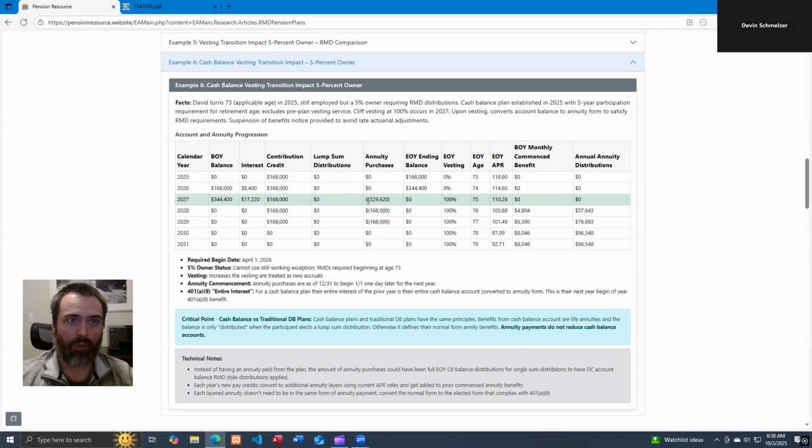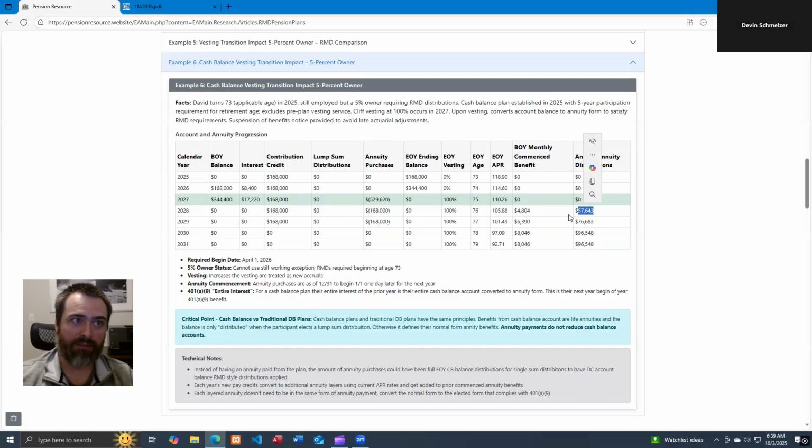So as of 12/31/2027, $529,000 was converted to a single life annuity, the normal form of this plan, of $4,084 to be paid for the remainder of his life. This $4,084 is converted to $57,643 as annual taxation payments, but this amount is not deducted from the cash balance account.